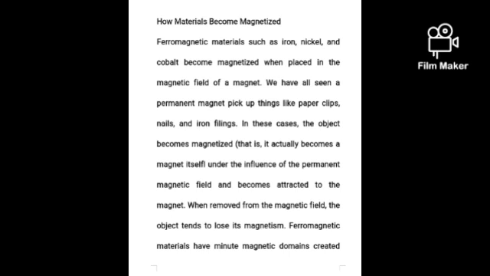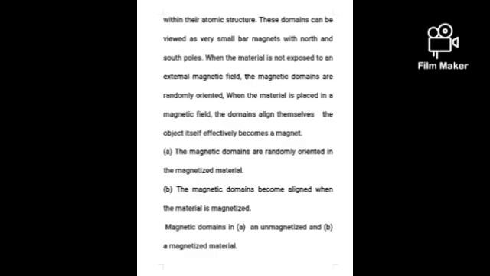If you bring them into a magnetic field, you get what is called magnetization. So the object becomes a magnet itself under the influence of the permanent magnetic field and becomes attracted to the magnet also. When the material is placed in the magnetic field, the domains align themselves.